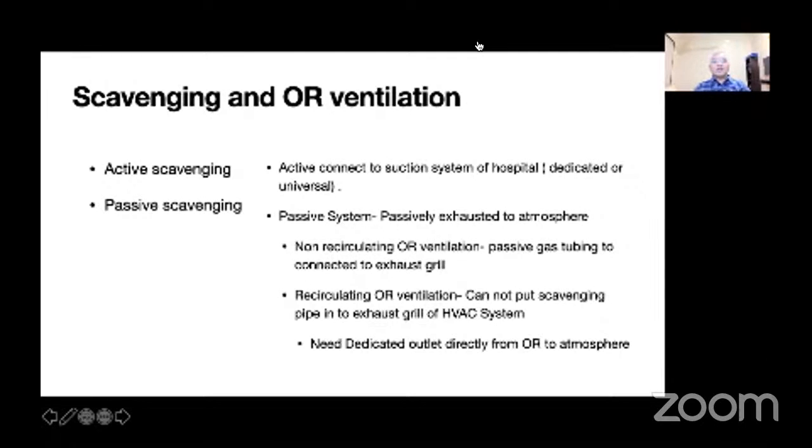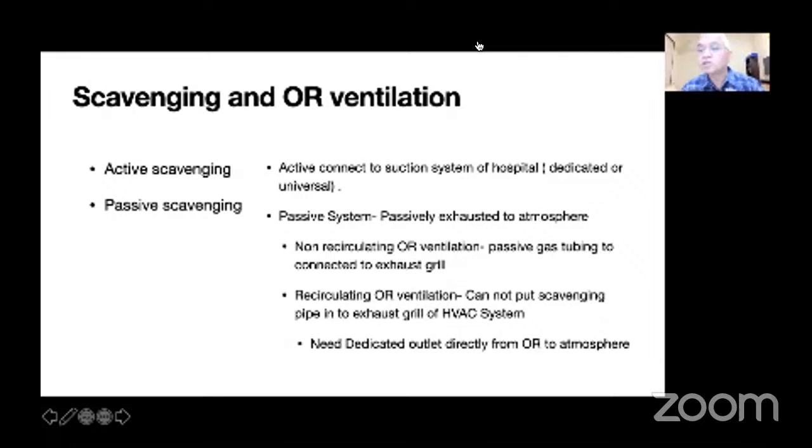Now, in non-recirculating OR ventilation, that means if the operation room is providing 100% fresh air, in that situation you can connect the scavenging tubing directly to the exhaust grill, because from the exhaust grill the entire waste gas is going to go out into the atmosphere. But in case of recirculating OR ventilation, which is recommended by NABH, and which majority of our operation theaters have, where fresh air exchange is only 20%, you cannot put the scavenging pipe to the exhaust grill of the HVAC system, because it is going to come back to the operation room, and the HEPA filter is not going to absorb it.